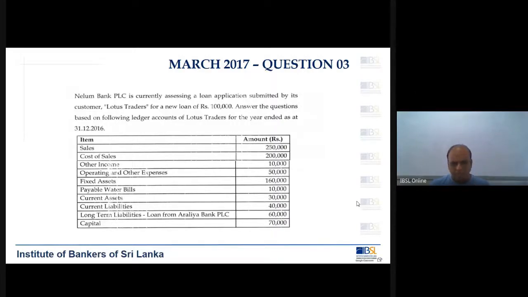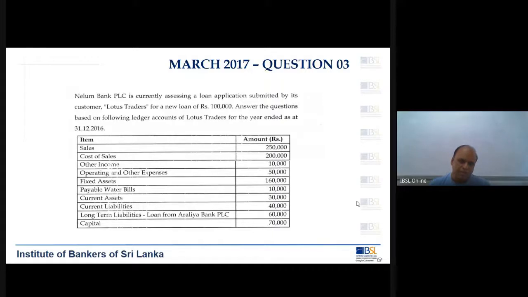So here in Lotus Traders, they might have had a bill amounting to 10,000 rupees, or maybe an accumulated amount of 10,000 rupees. As at 31/12/2016, they might have to pay this. So by December, they haven't paid it. It's a liability.